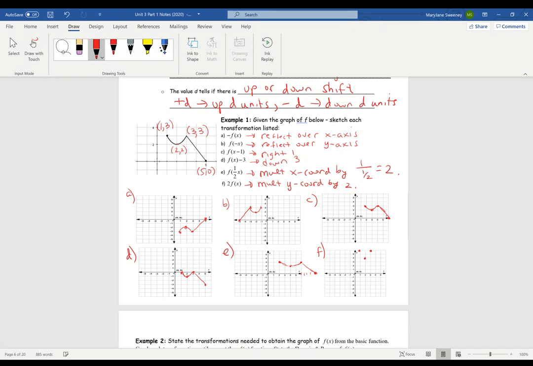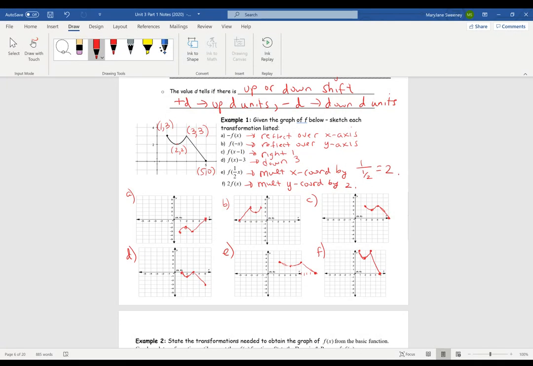Right? So the x coordinate's staying the same, but the y coordinate's getting multiplied by 2. And then 0 times 2 is still 0.